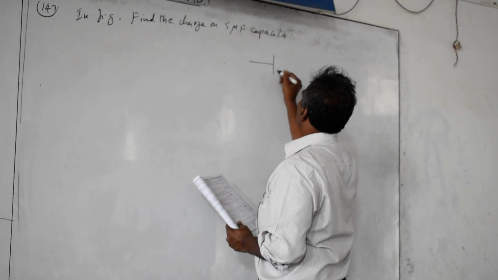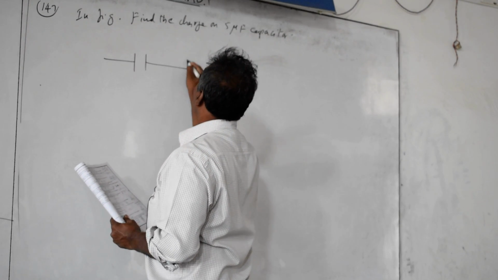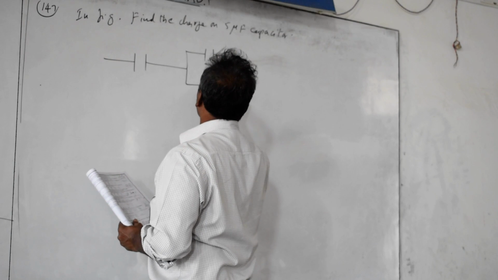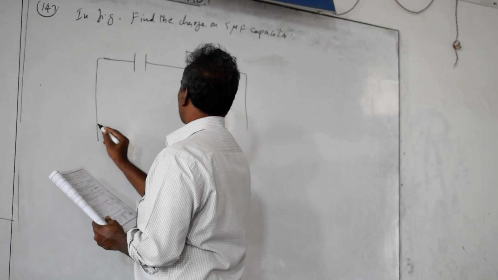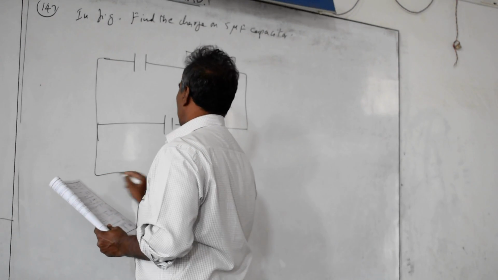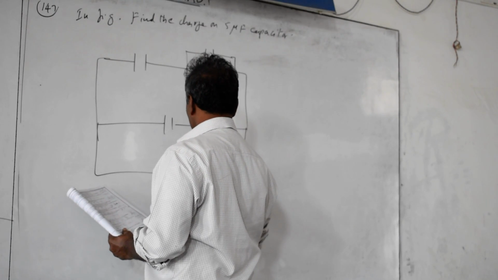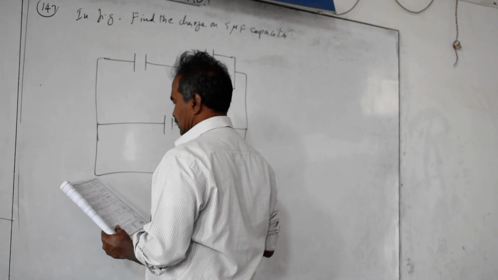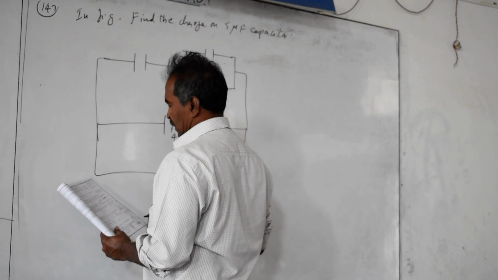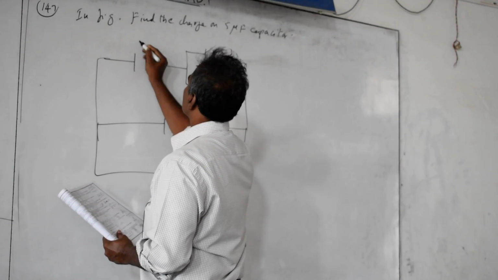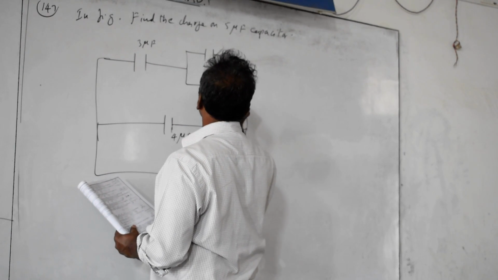Here you are given the circuit diagram: one capacitor, here another capacitor and the battery, one more capacitor and then the battery. The battery is 100 volts, plus minus, and the capacitors are 4 microfarads, 3 microfarads, and 2 and 5 microfarads.